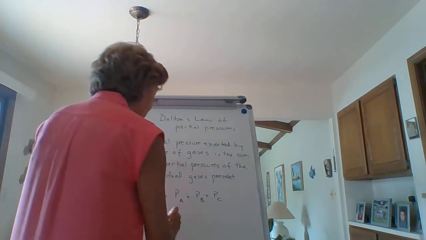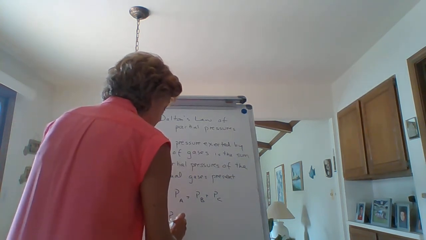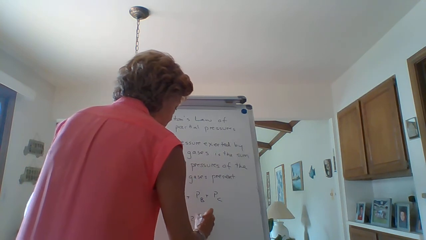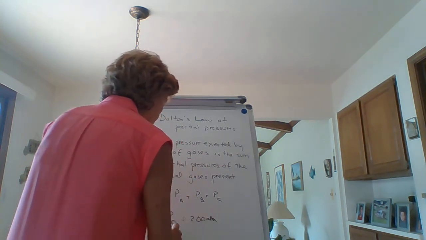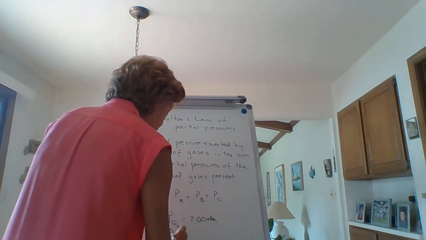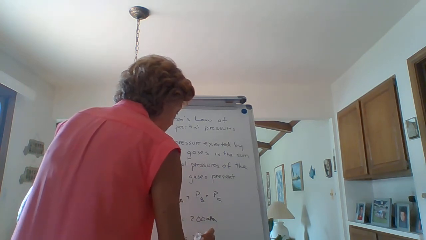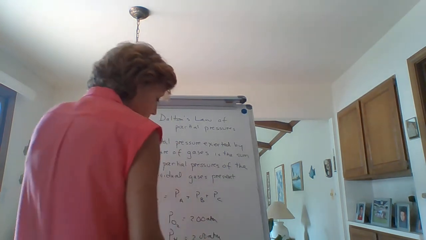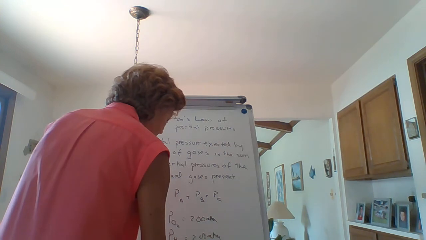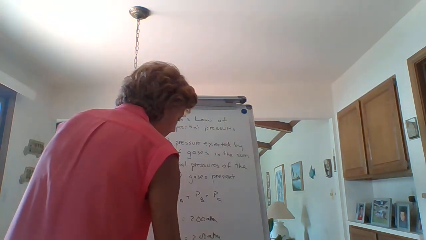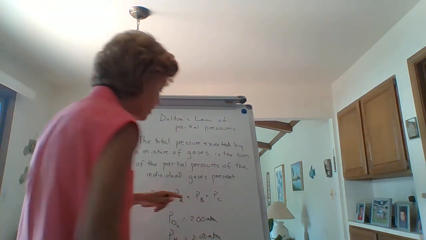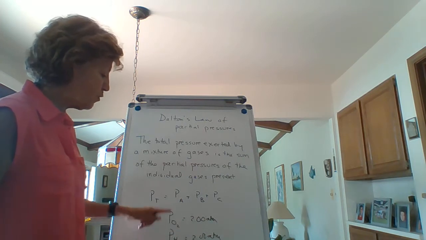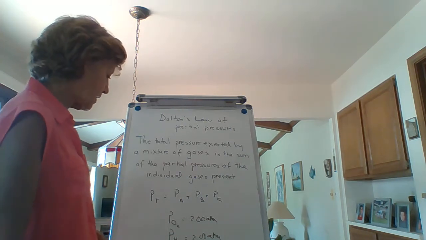So let's say you have the pressure of oxygen is 2 atmospheres. And you have the pressure of hydrogen is 2 atmospheres. And maybe the pressure of nitrogen is 1 atmosphere. Okay, so we have the same number of moles of oxygen and hydrogen.